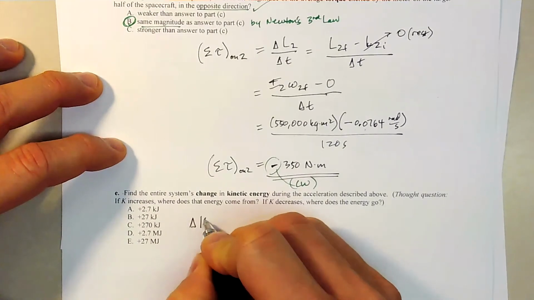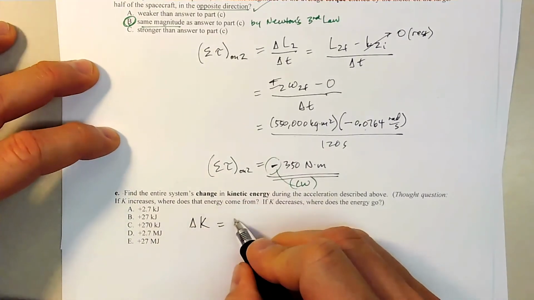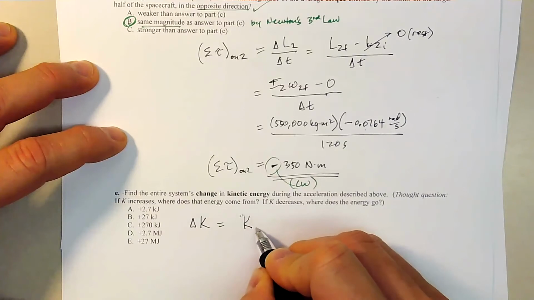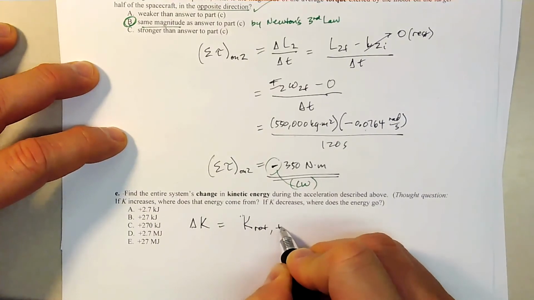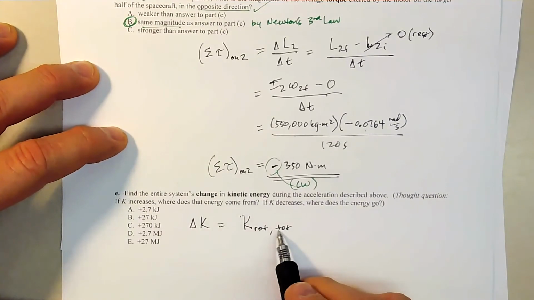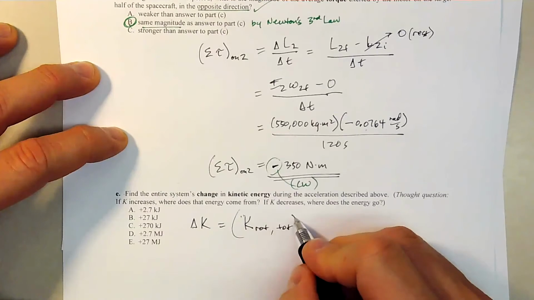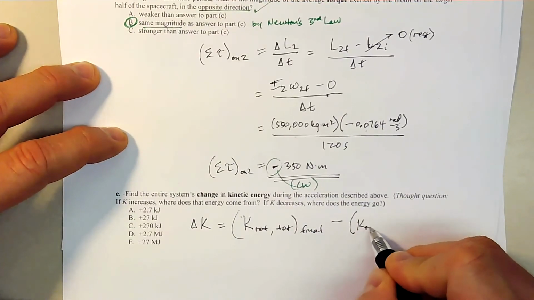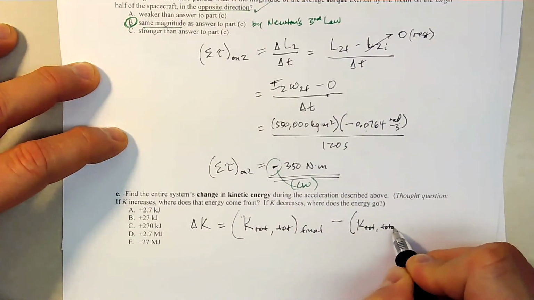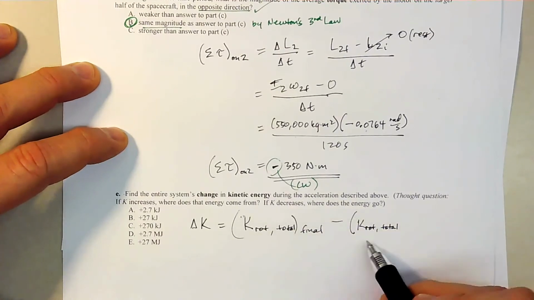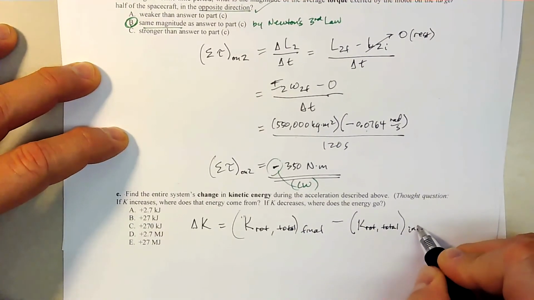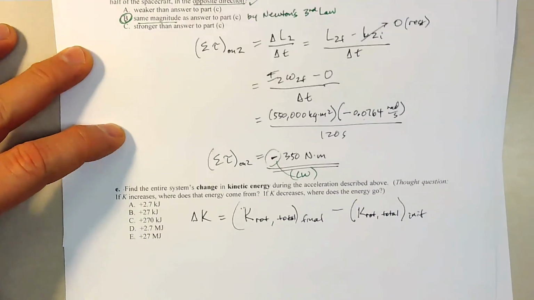So the change in kinetic energy of the system is going to be the total rotational kinetic energy, of the two parts of the spacecraft, at the later time, minus the total rotational kinetic energy at the earlier time.